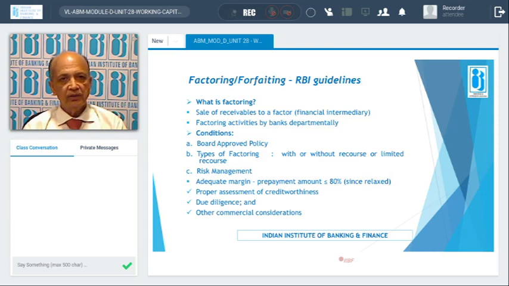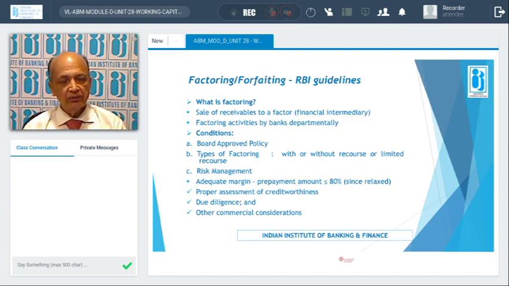Friends, what is meant by factoring? Factoring is an agreement in which the receivables arisen out of the sale of goods or services are sold to a third person, a factor, that is a financial intermediary.